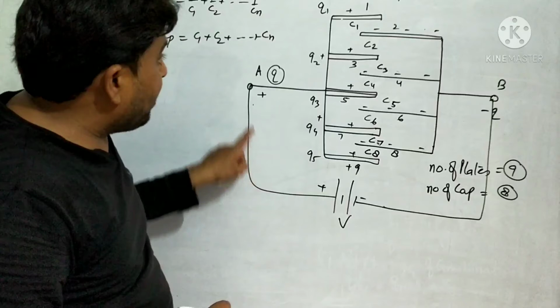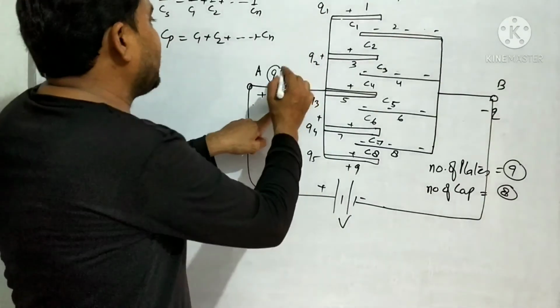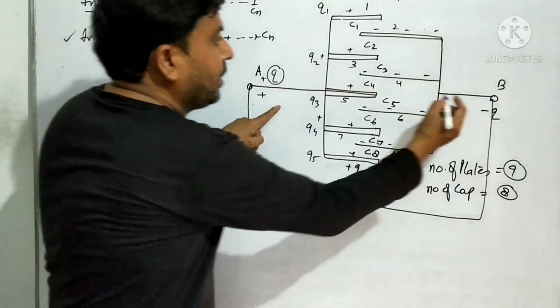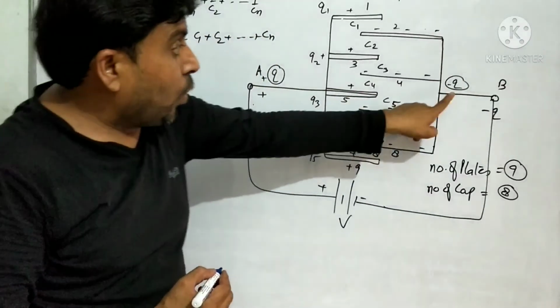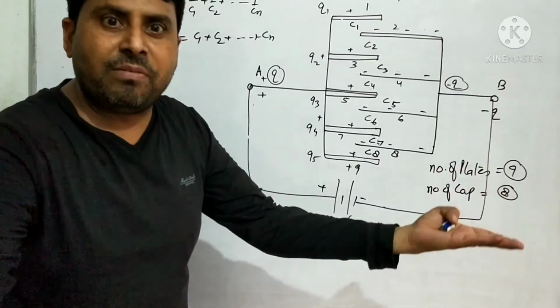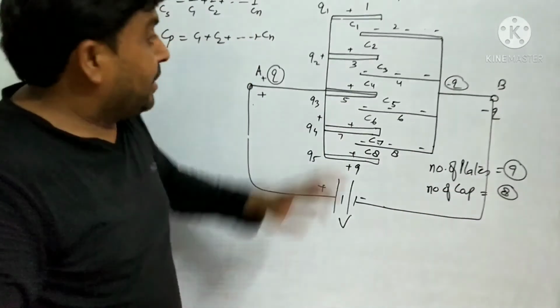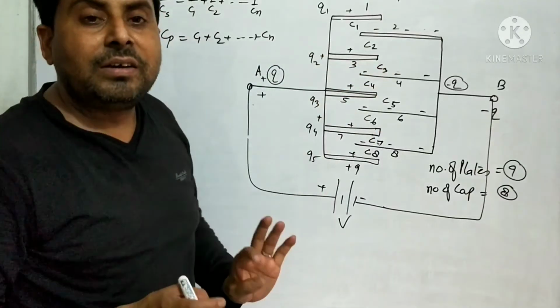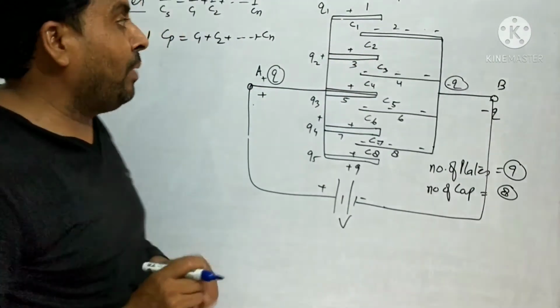That's why they will transfer positive charge here. Suppose the total charge on the positive plate is Q, then on the negative plate it is minus Q. The total charges must be equal. The total charge remains the same, and each capacitor has its individual capacitance.